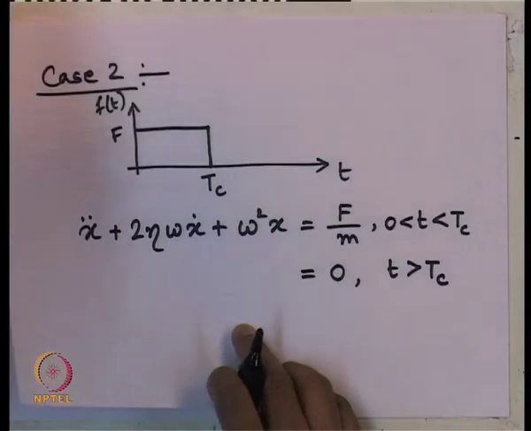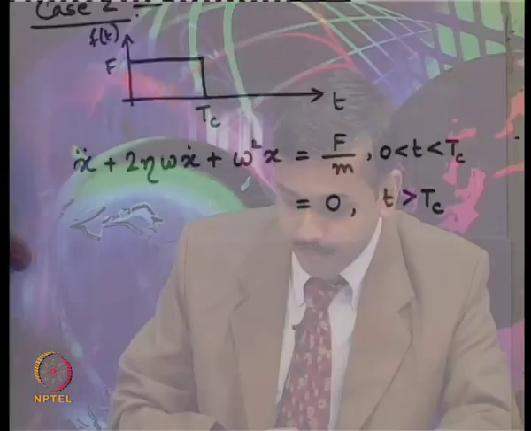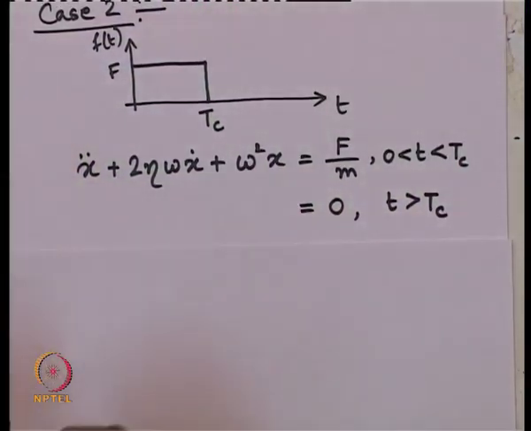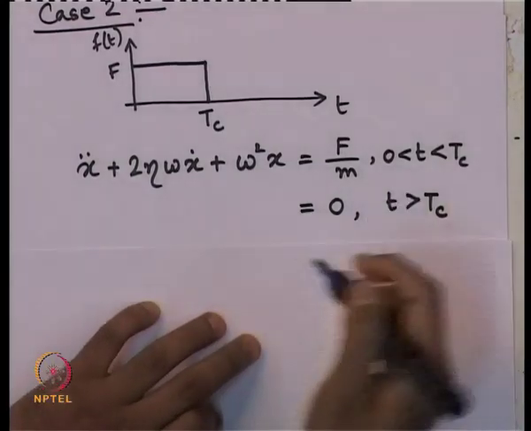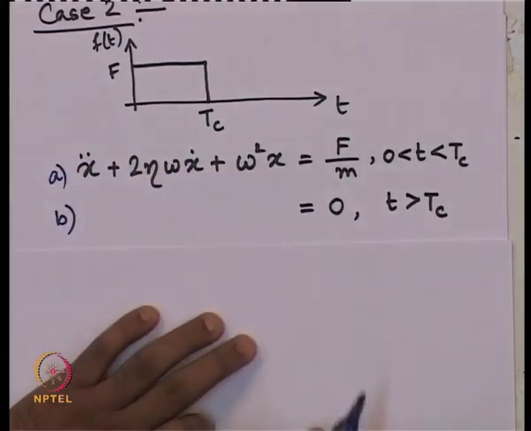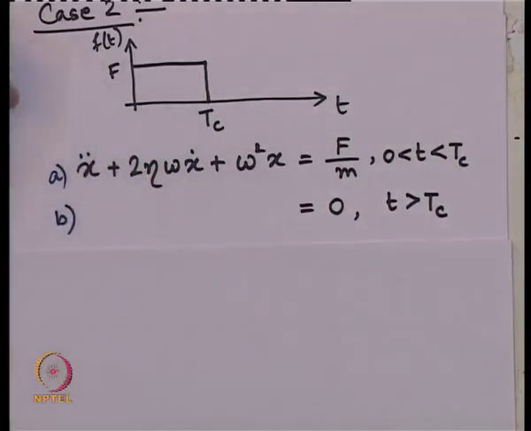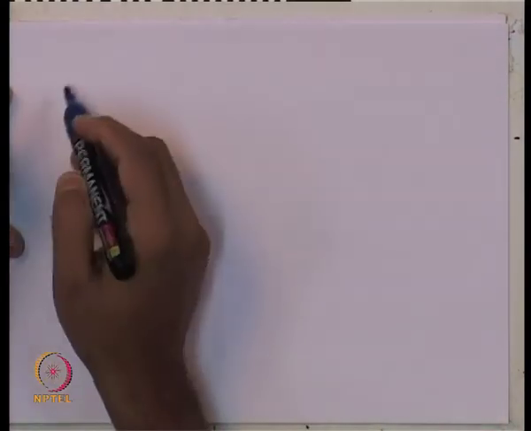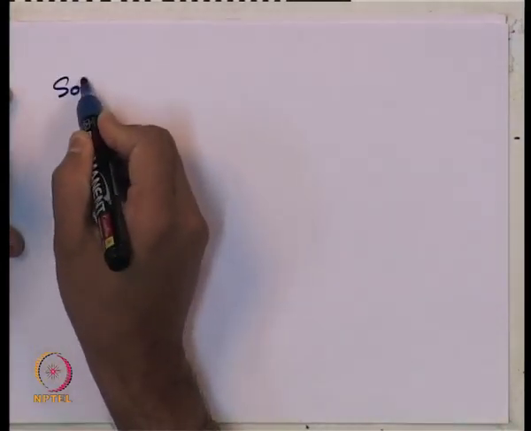This is nothing but composed of two parts as we have already given here. Let me say the first equation is part A and the second equation is part B. So, the solution for part A was obtained just now.